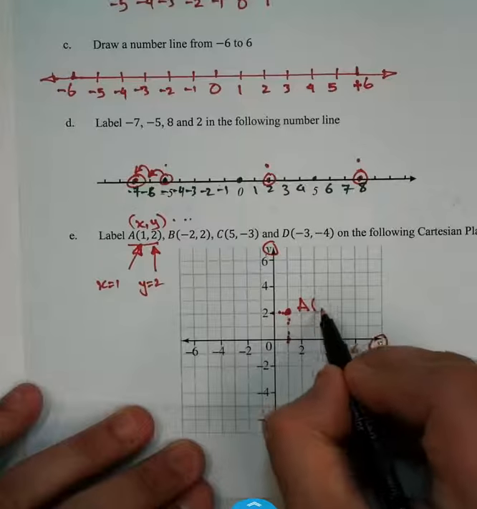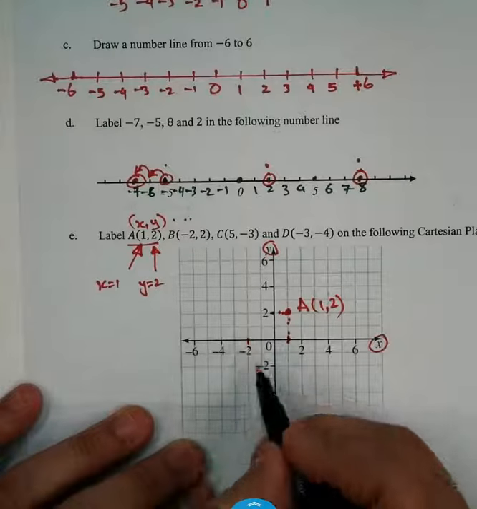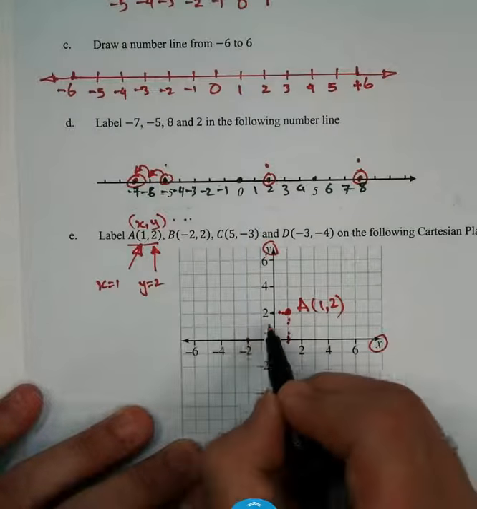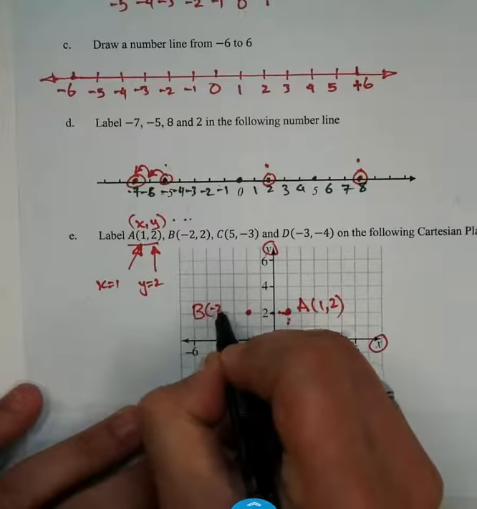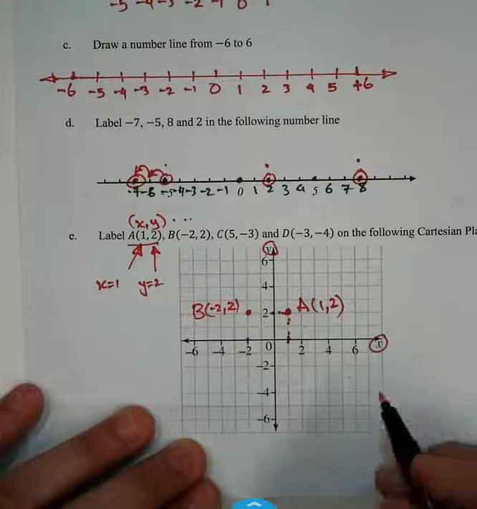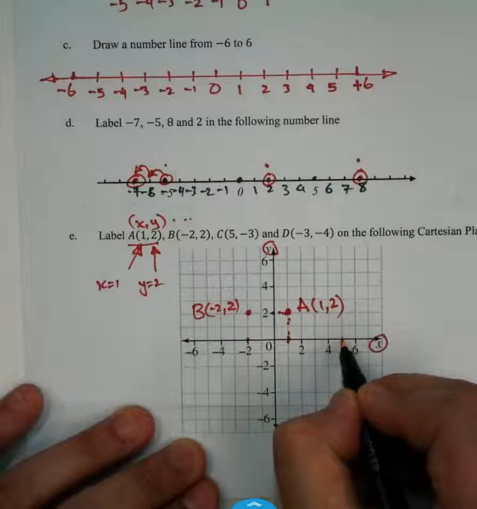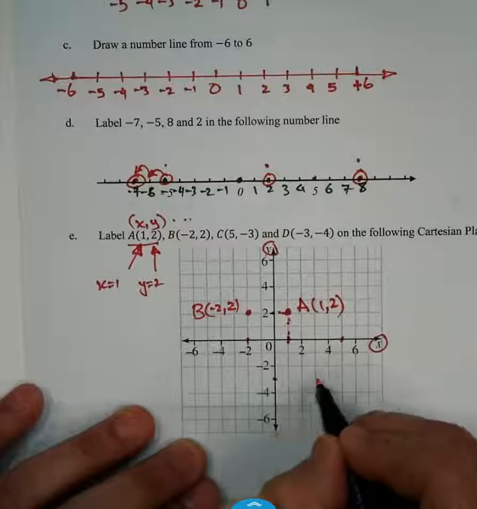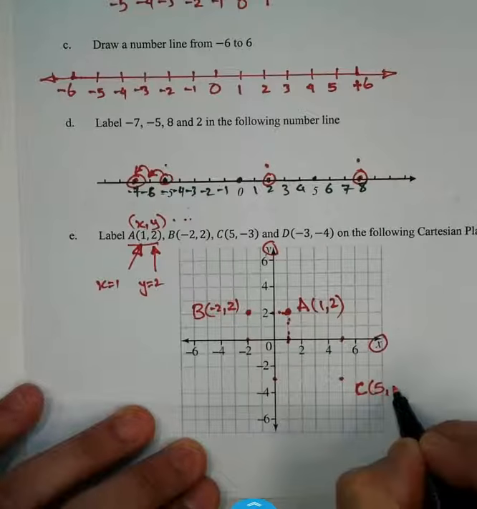And you should put here the coordinates as well. B is -2 for x, and +2 for y. So that's B, -2, +2. C is 5 and -3. So 5 is here, and -3 is here. That's C, 5, -3.